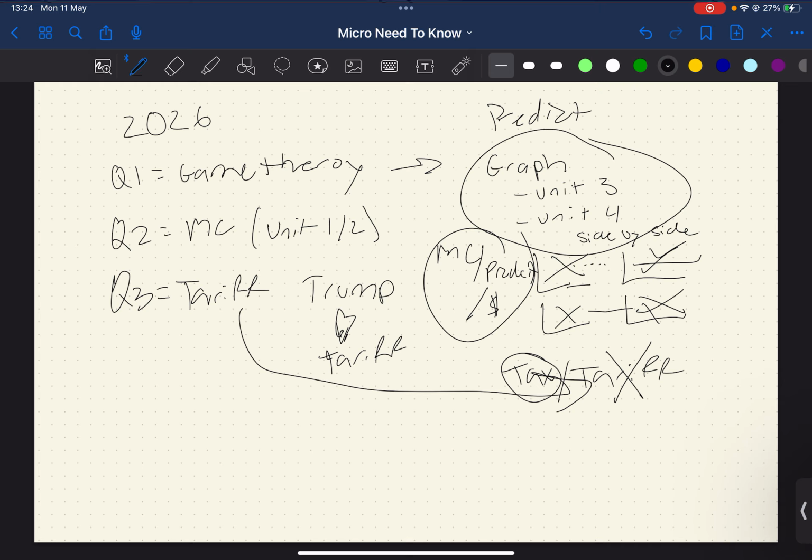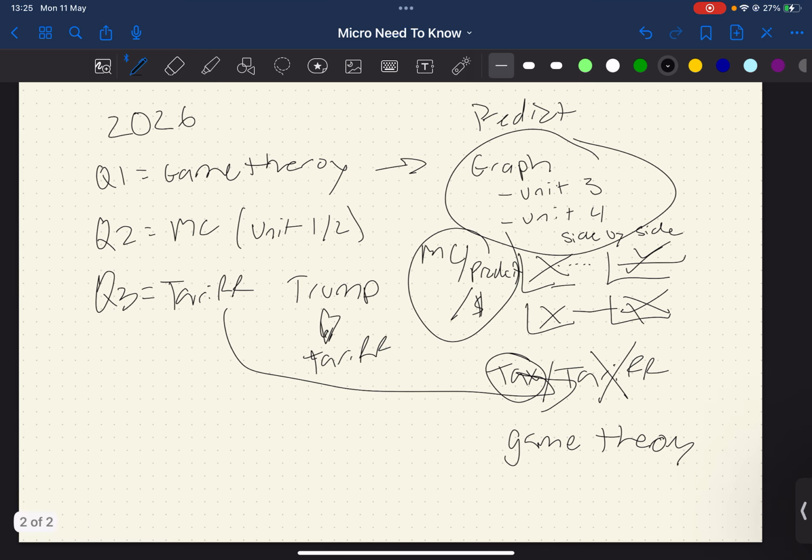It was rather weird to have a game theory question. Actually, as I'm talking to myself, I could easily see them put a game theory for Q3. So my general prediction is a Unit 3/4 graph question, a marginal product question, and a tax graph or a game theory question.